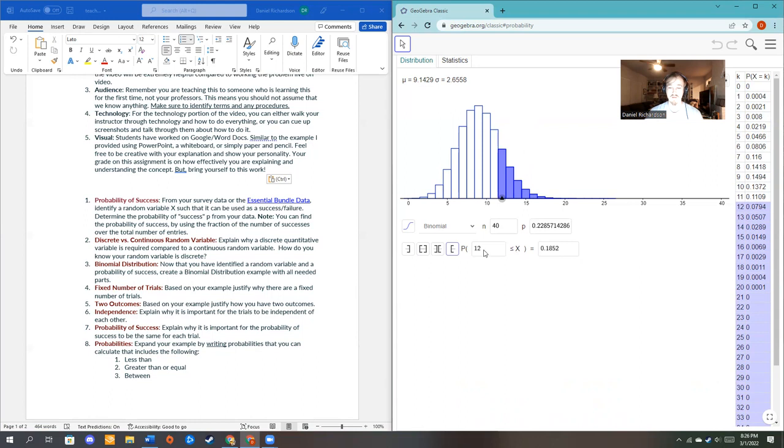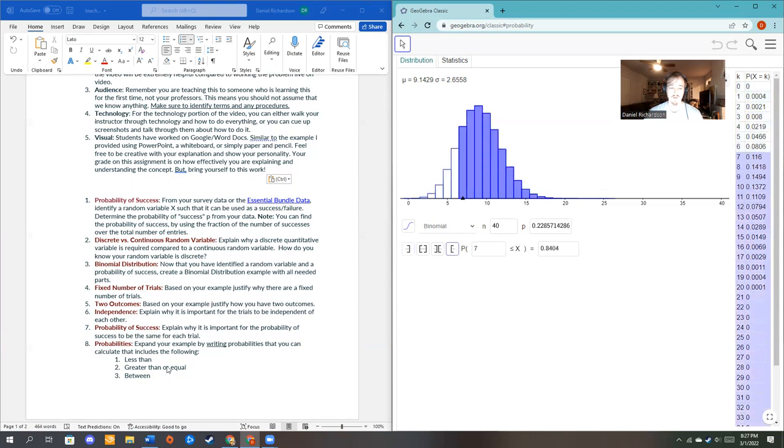So we're going to go back to less than. If we wanted to see our chances of having 7 or fewer people go to Raley's, we would see that our chances of these totals of 7 and less are 0.2756.